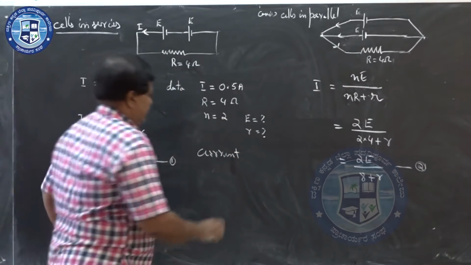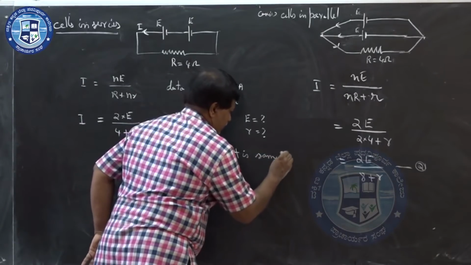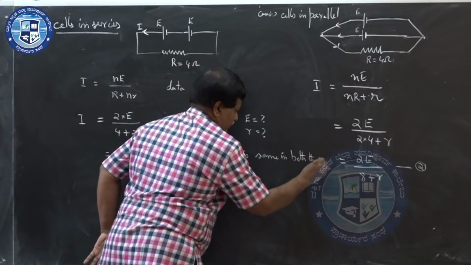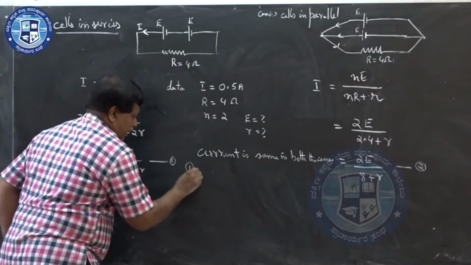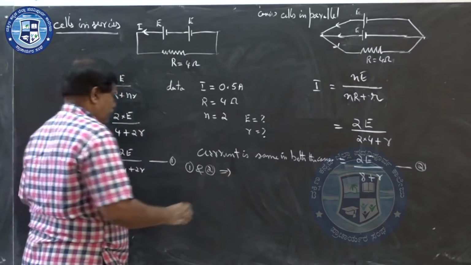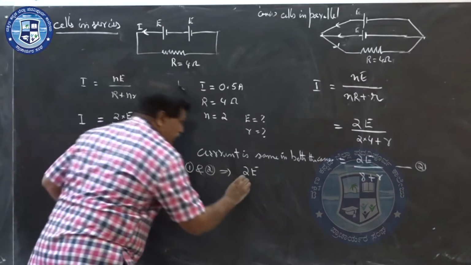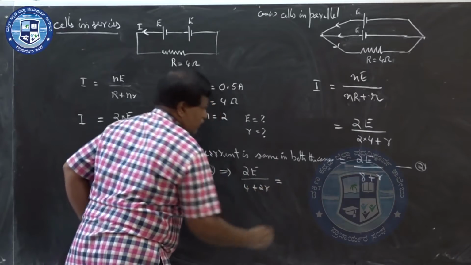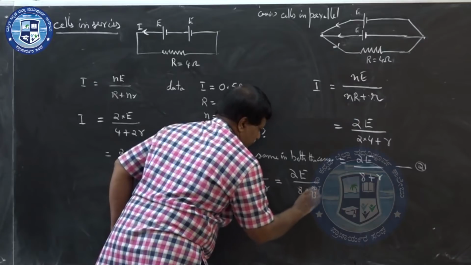Therefore, using equation 1 and 2, 2E divided by 4 plus 2r is equal to 2E divided by 8 plus r.